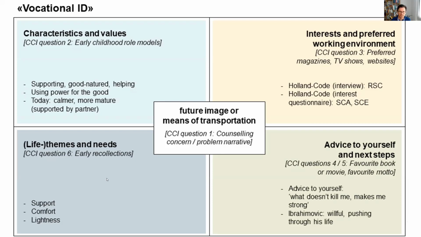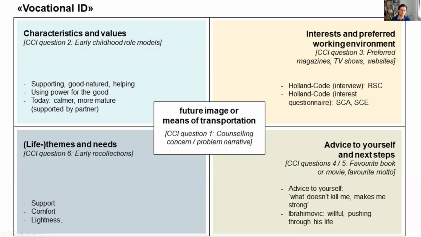And from these 3 recollections, you see that in the ID card, the vocational ID card, he on his own deconstructed that his themes or his needs are support, comfort. So sometimes he said, I'm too lazy, I need support, but I also want to give support, for example, as a self-employed coach.